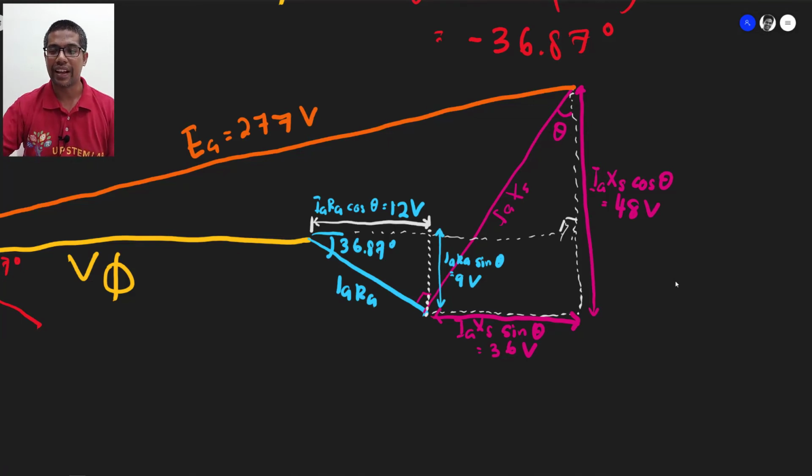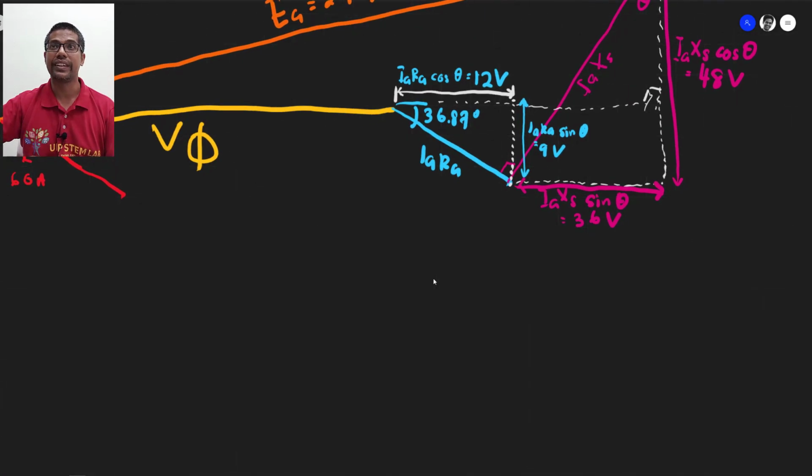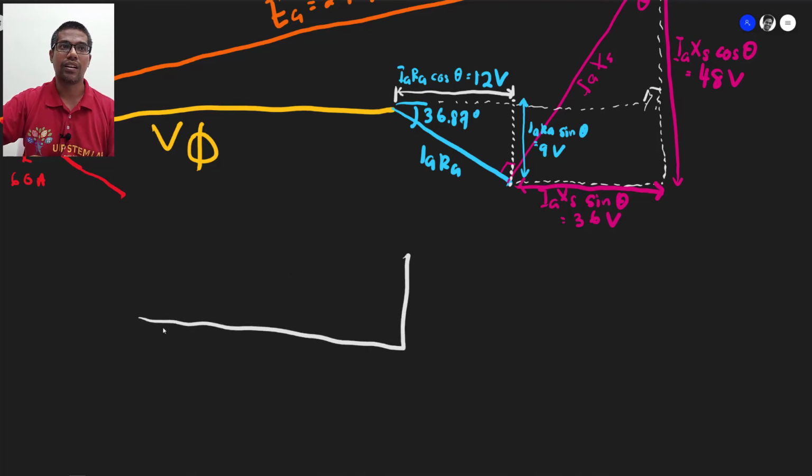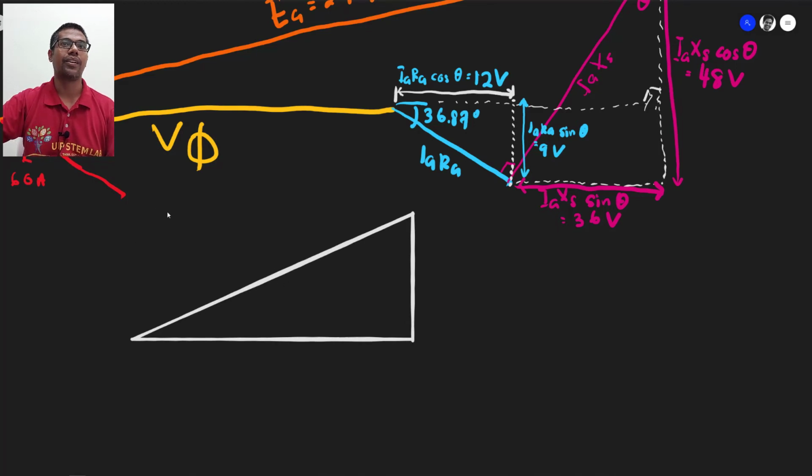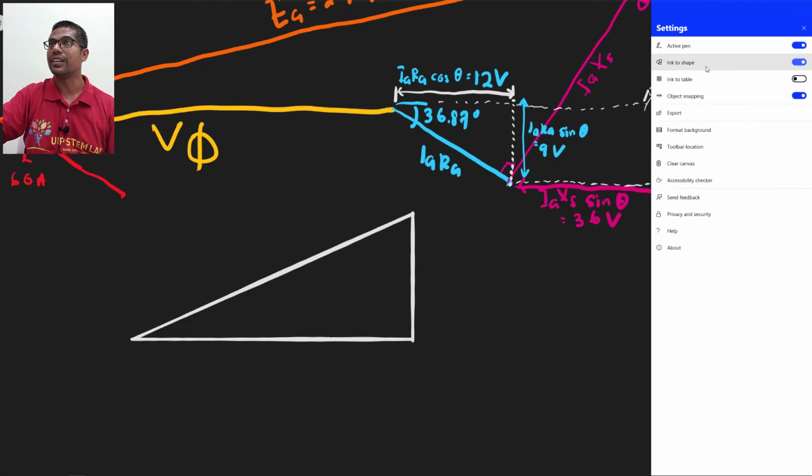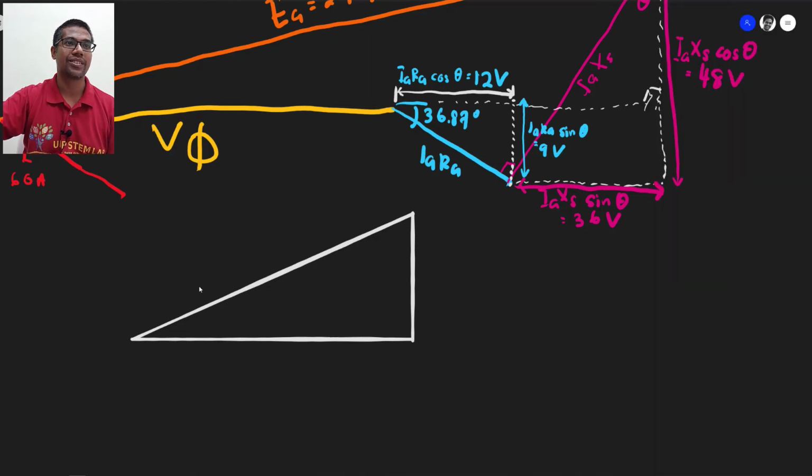Can we get our new triangle? Okay, I will draw the new triangle. Now it looks good. The new triangle. We already know EA is only up to here.